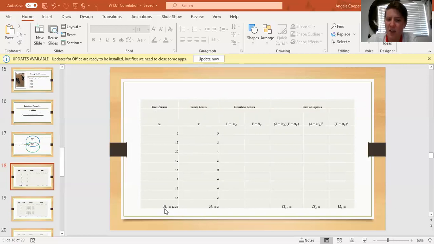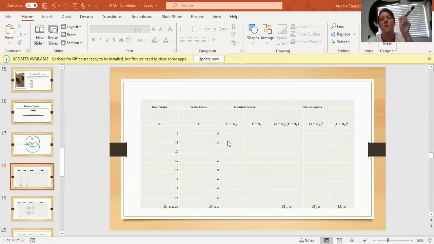Down here we have the mean, so we add all of these together and divide by the total number of cases, aka participants, which is 1, 2, 3, 4, 5, 6, 7, 8. So we took the mean of these 8 units taken and got 13.38. Then we did the same thing for the 8 sanity levels, and we have a mean of 3.